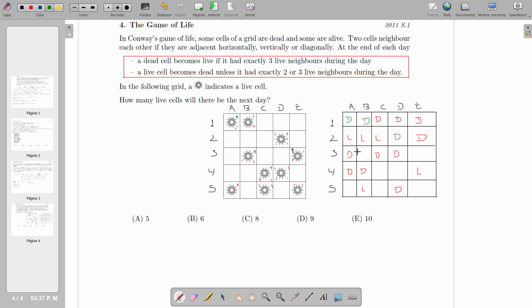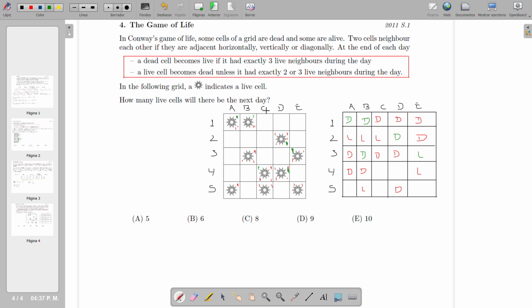And cell B3, which is this one, will be dead by next day since it has just 1 neighbor. We have then cell E3, which has 1 and 2 live neighbors, and that is enough for this cell to live.